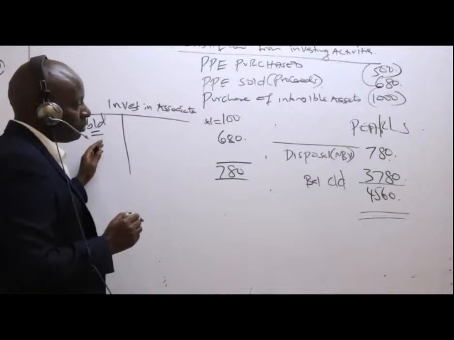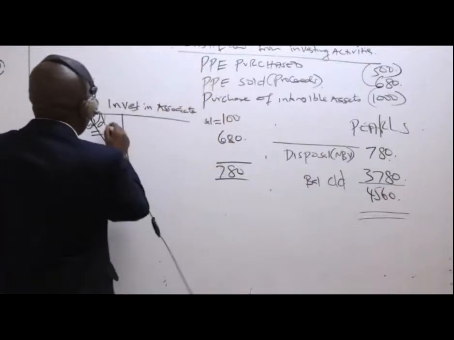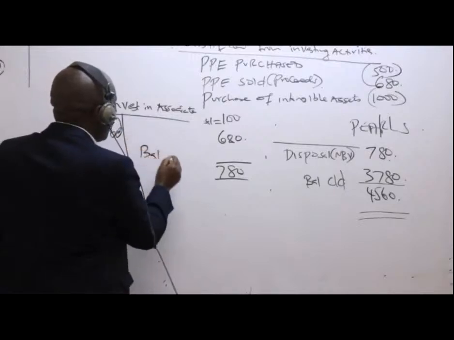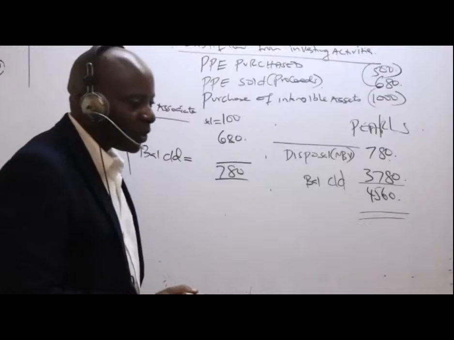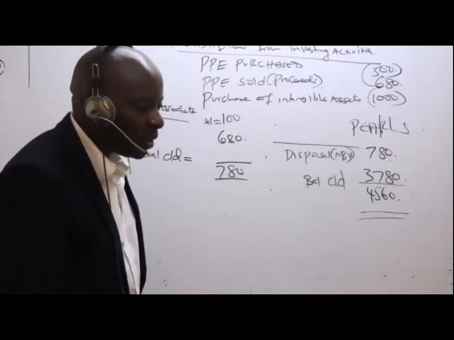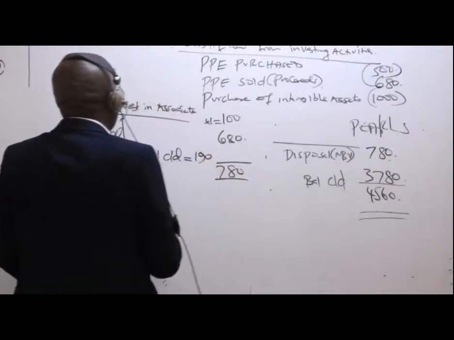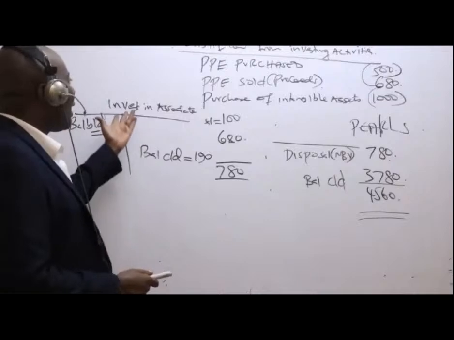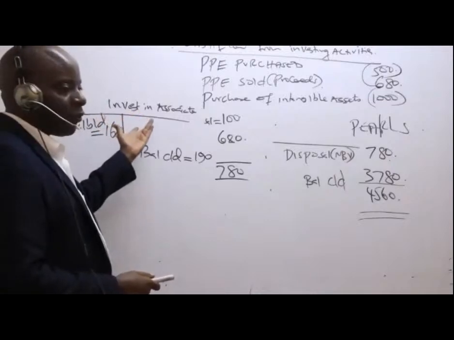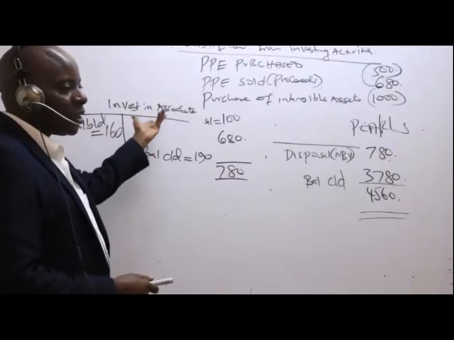Are you able to give us 160? Thank you very much. How about balance carried down? 190. Now from there, you ask yourselves whether you have any income from the profit and loss associated with your associate.